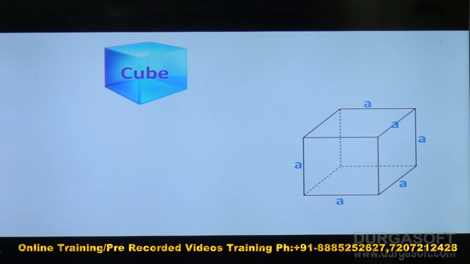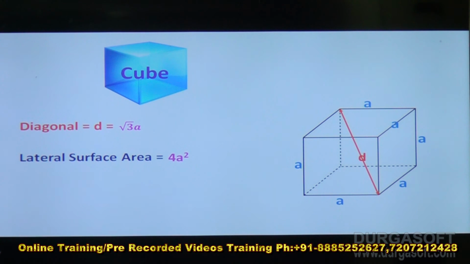And if you go for the diagonal, this D will be the diagonal, and the diagonal is equal to root 3 a, right? Diagonal is equal to root 3 a.